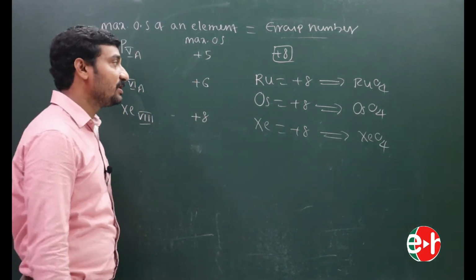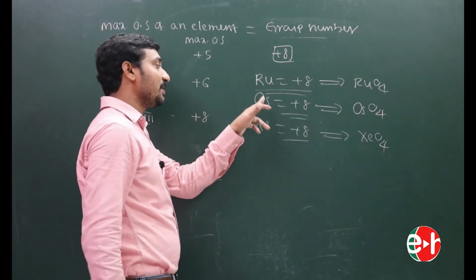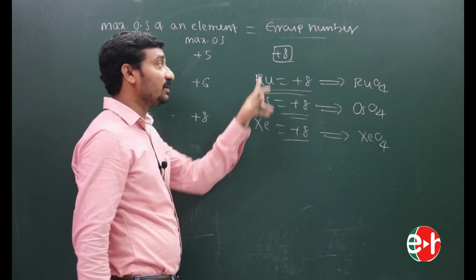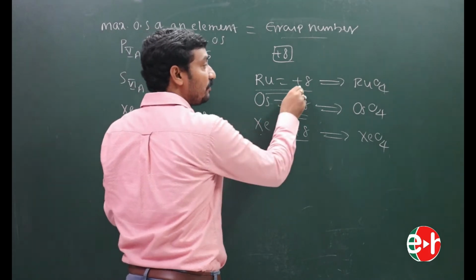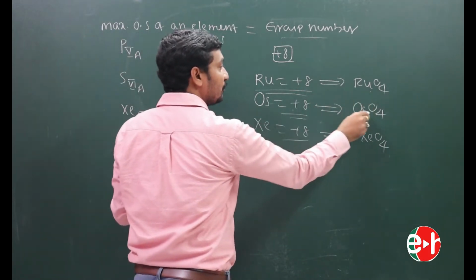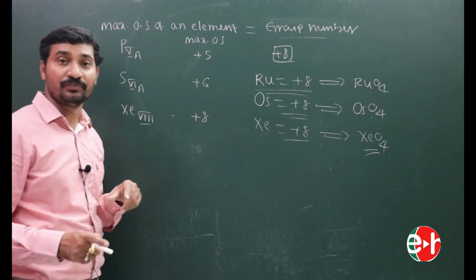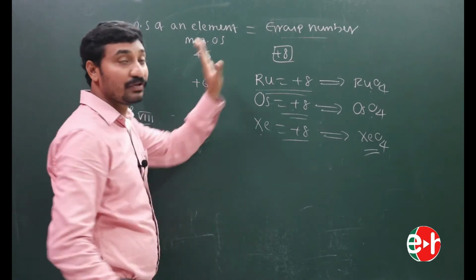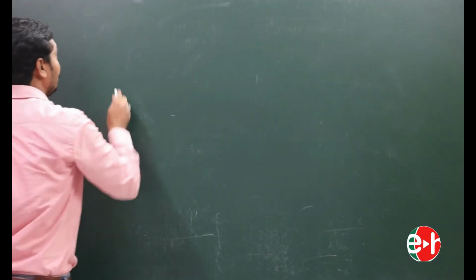No one element can show more than +8, and the maximum oxidation state of an element is equal to its group number. Okay, so let us discuss some examples.